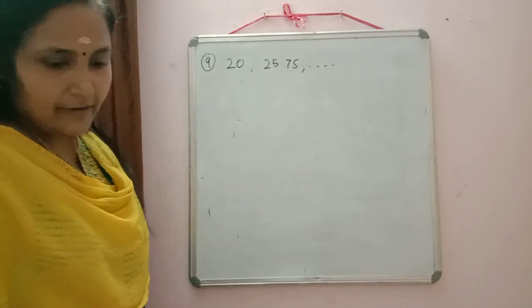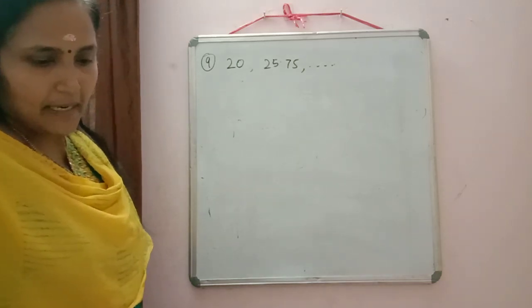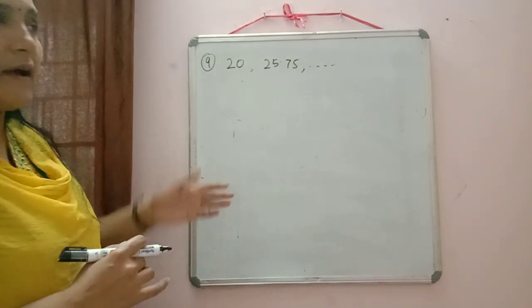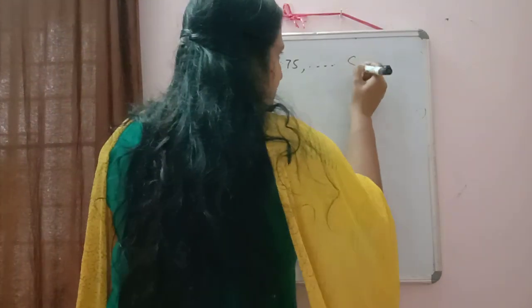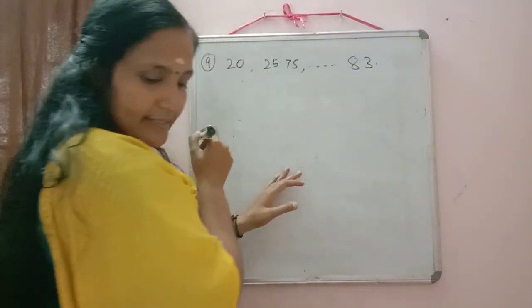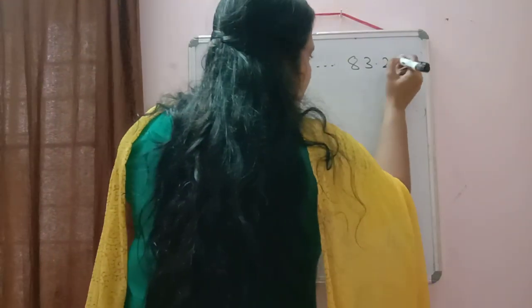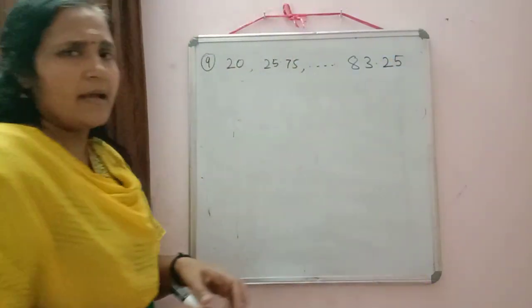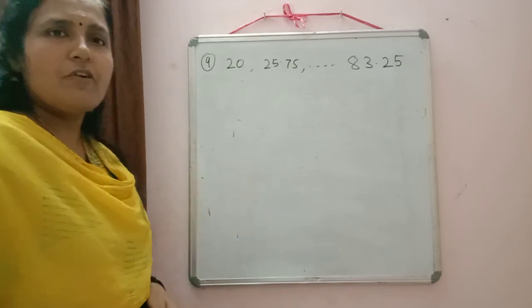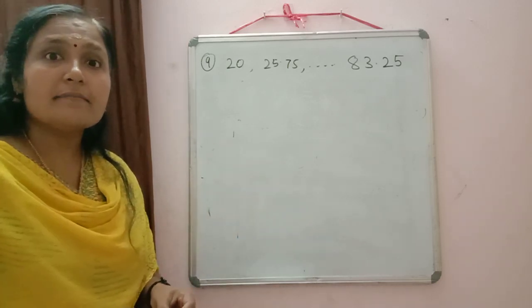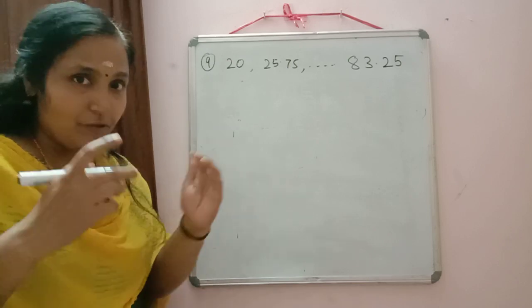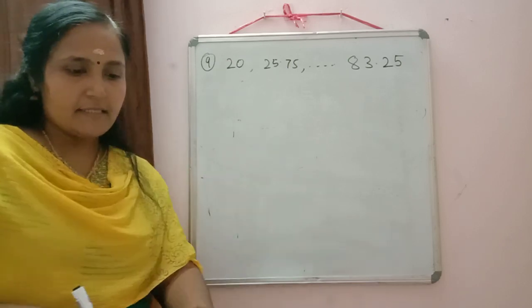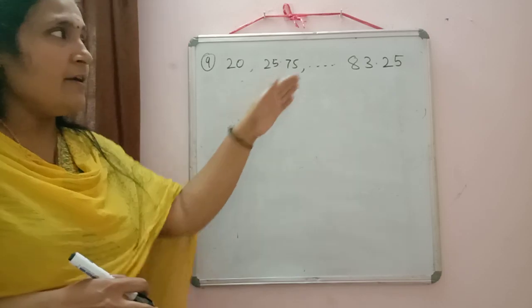Now it was asked, in which year my savings become 83.25. So after some weeks, I have to check in which week my saving will be equal to 83.25. Can you tell me what we have to find out here? In which week my savings will become 83.25.